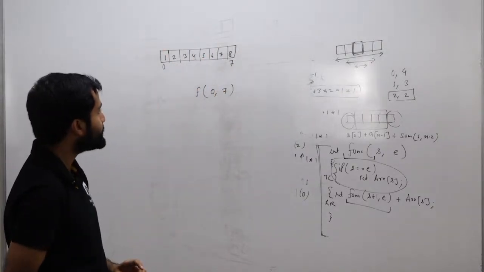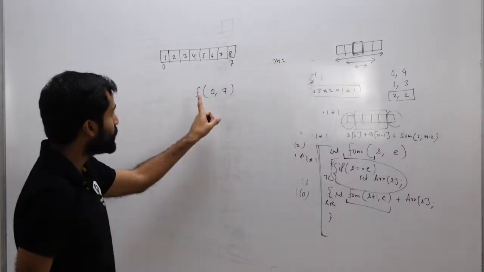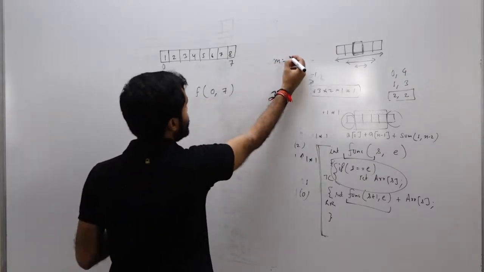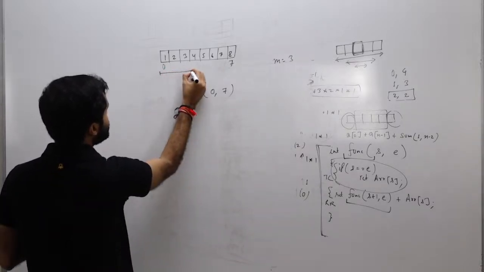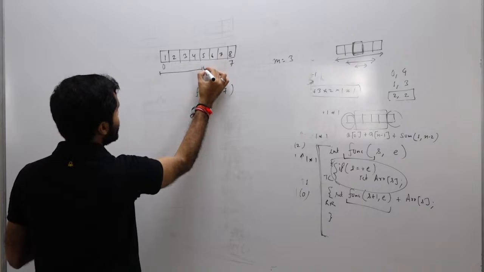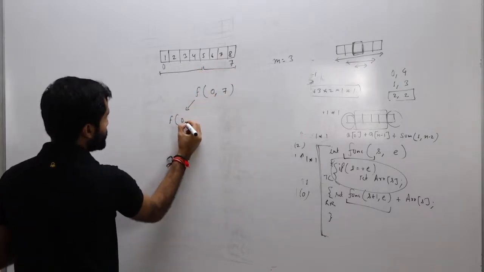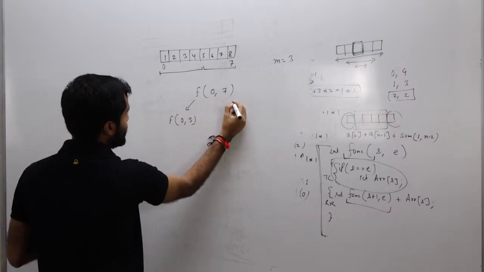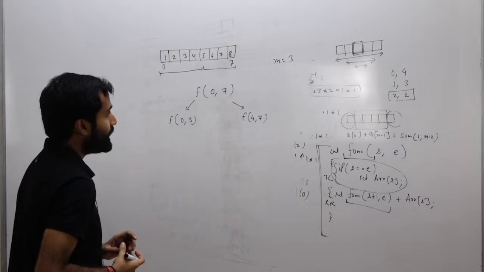Now what I could say is that let's figure out a midpoint m, which is 0 plus 7 by 2, it's 3. So I can say that this is my first half from index 0 to index 3, and this is my second half. So I would end up making a function call from 0 to 3, and then a function call from 4 to 7. Correct?